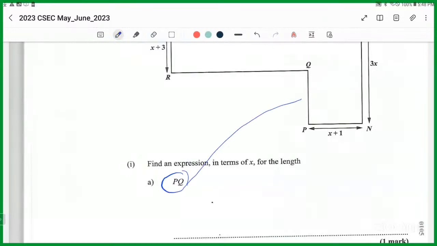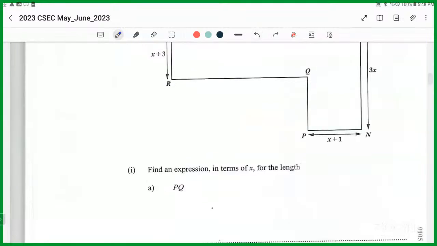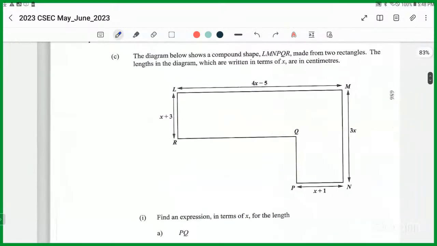That's right here, PQ. Let's look at it. Everything up here is straight, so this is x plus 3, and the overall side is 3x. So PQ equals 3x minus the bracket x plus 3.